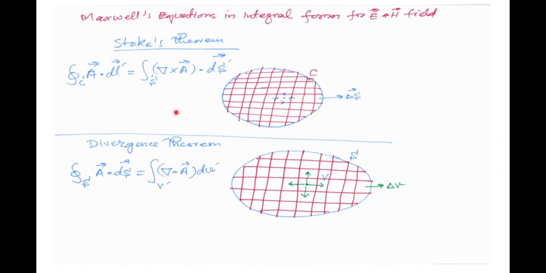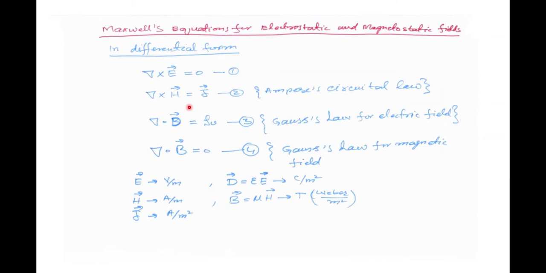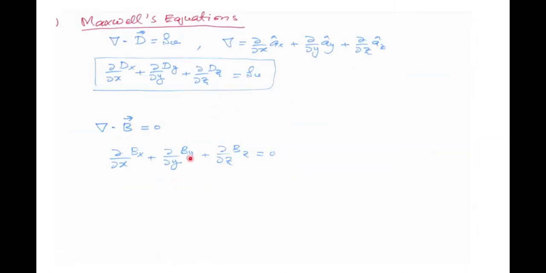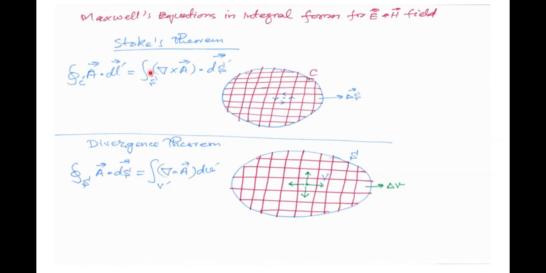Now the question is how to write the above four equations, all these four equations, in integral form. So in order to transform these equations from differential form to integral form, we use two basic theorems, that is Stokes theorem and divergence theorem.